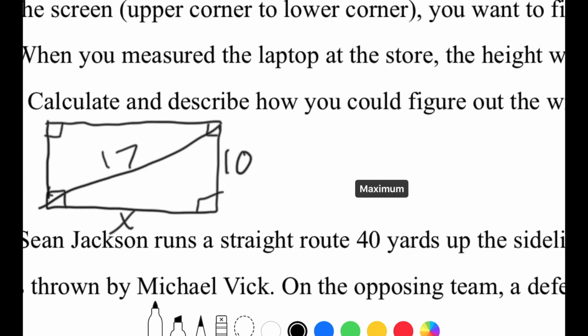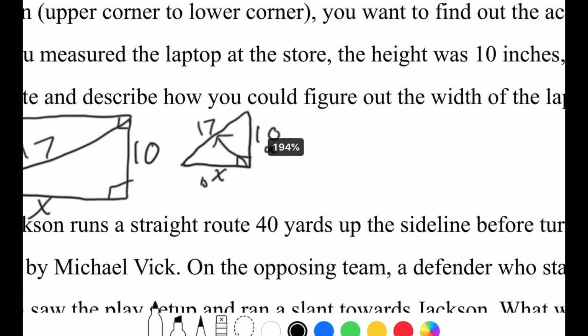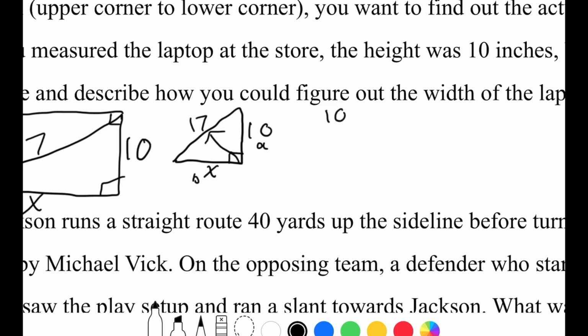So the triangle we're looking at, or the right triangle we're looking at, is here. So the diagonal was 17. We've got 10 as our height, and we want to know the width. So we have our hypotenuse, we have our two legs, so let's solve for that missing leg. We've got 10 squared plus x squared equals 17 squared.